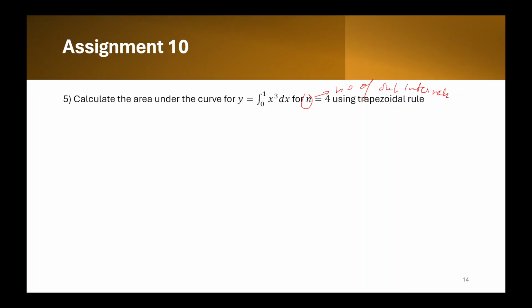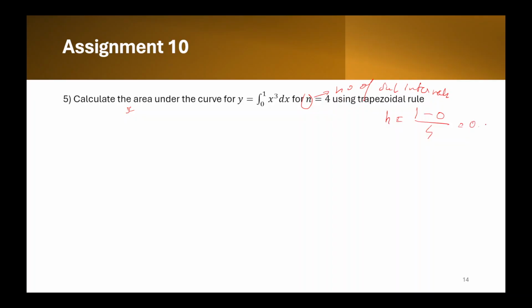Next question. Calculate the area under the curve for y is equal to 0 to 1 x cube dx for again number of intervals equal to 4 using trapezoidal rule. So now here we are not given the data points. However, we know what the equation is, but we need to compute it using the trapezoidal rule. So the number of subintervals is 4 from 0 to 1. 1 minus 0 by 4, you get the h.